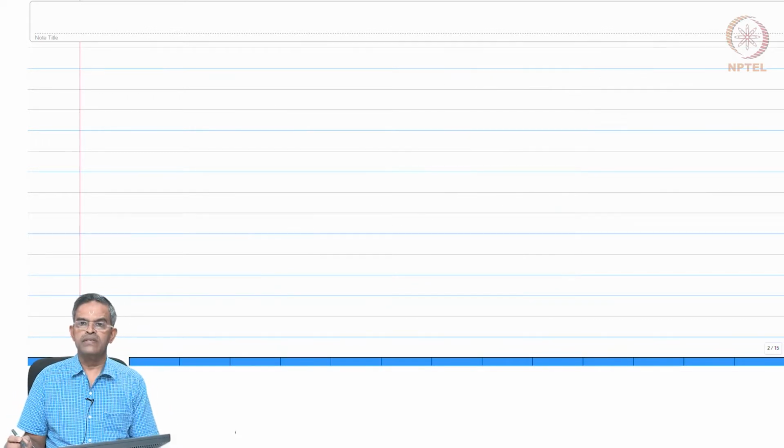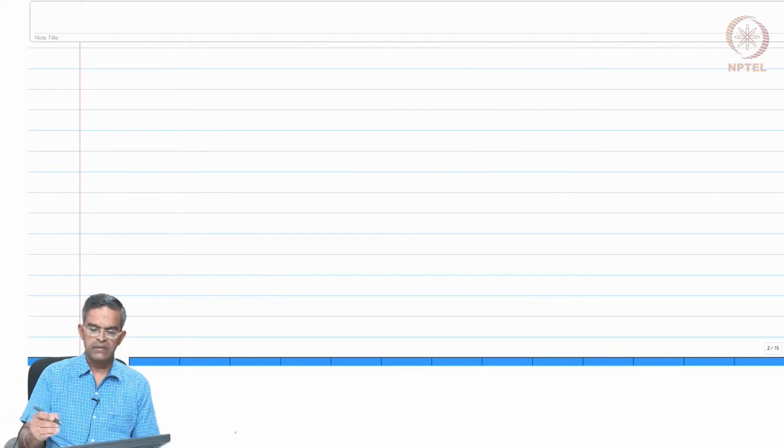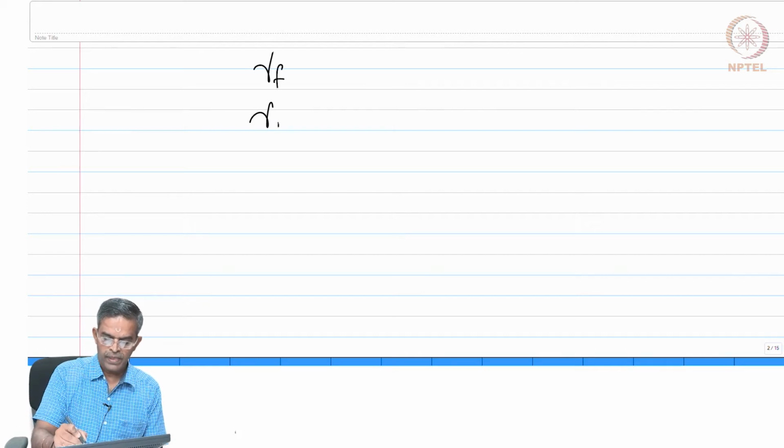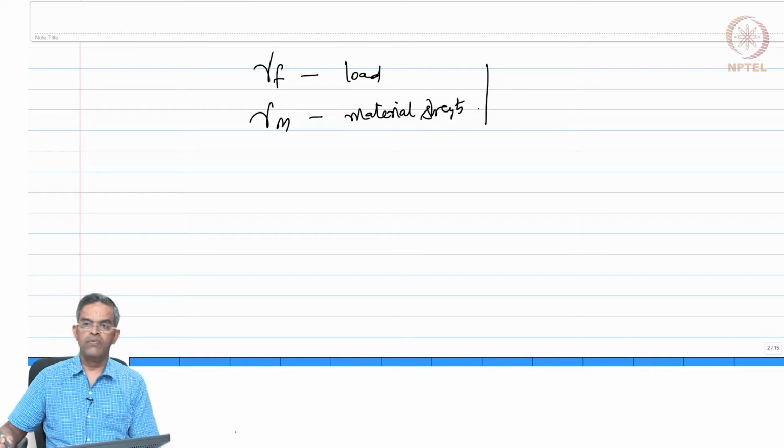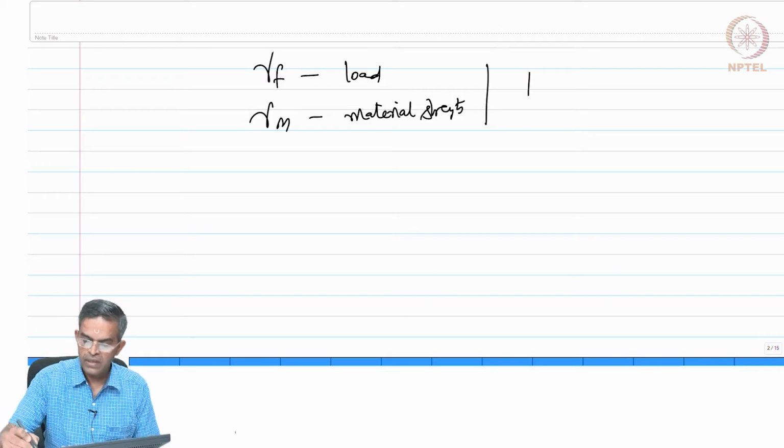So having said that, the factors present in the load and the strength are going to take care of these uncertainties; they are anyway addressed only as partial factors.